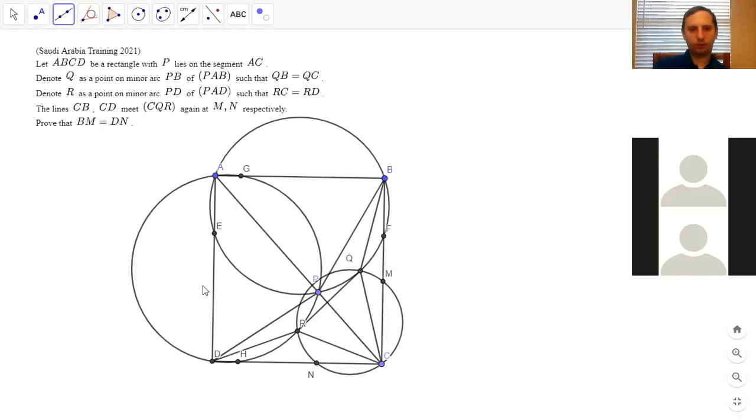What if we translated the figure? Let's see, if BM were equal to DN, is there anything special we could do?